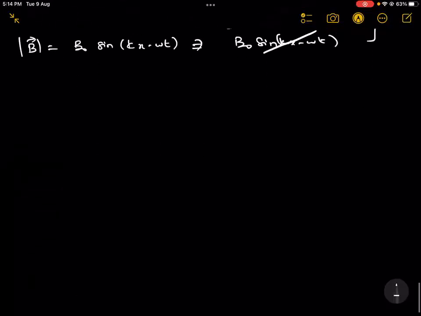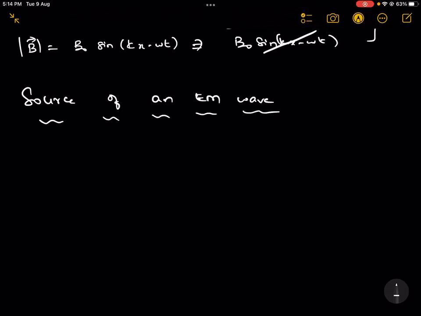So now we are supposed to see what is the source of an EM wave. So first, we need to understand what an EM wave is.